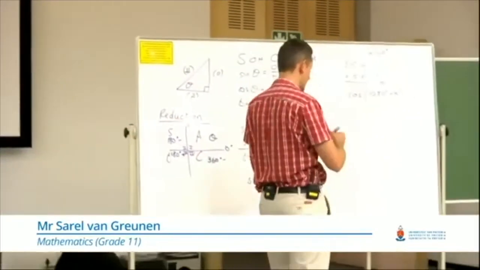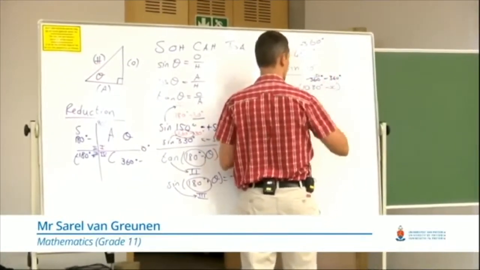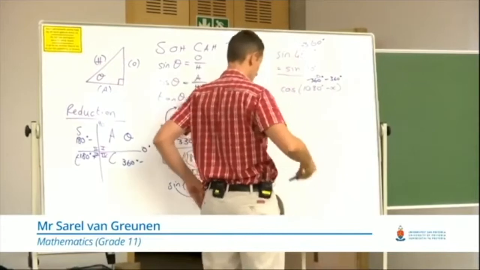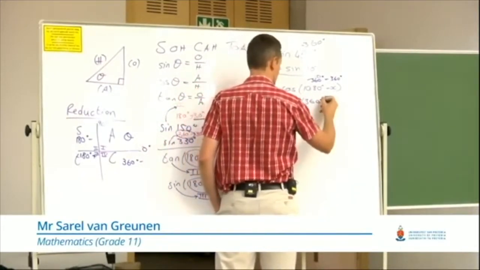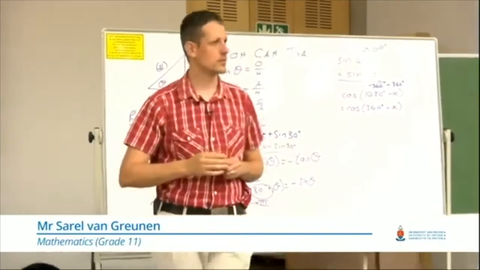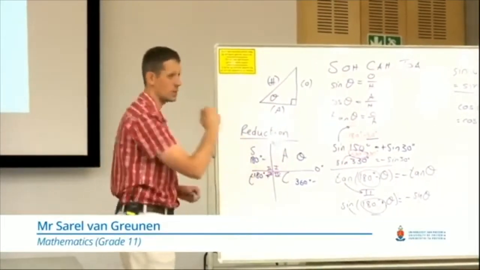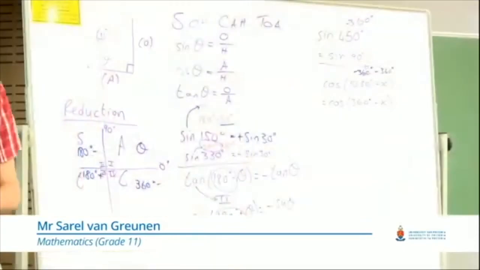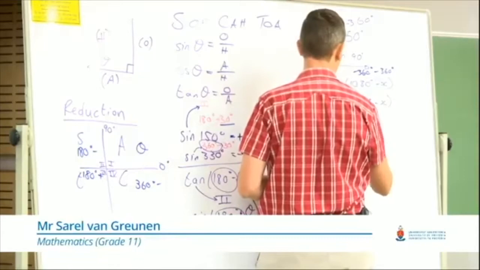But 1080 is way too large. So what am I going to do? Subtract 360, and subtract 360 again, to get me to cos of 360 minus x. Now this I can handle because it's simply between 0 and 90.